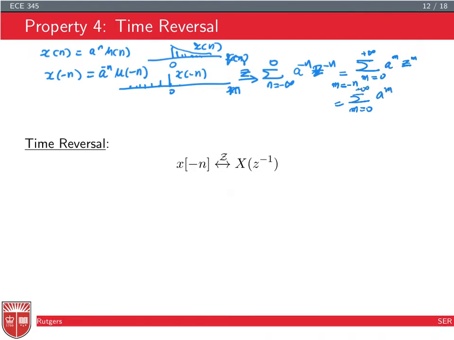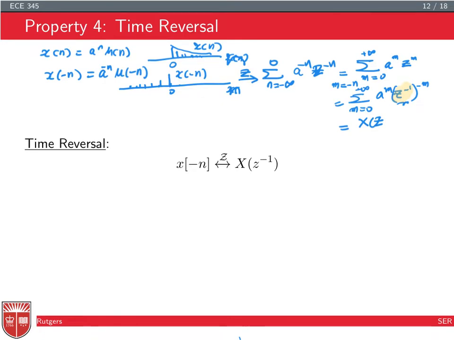So I can write this as the sum from m equals 0 to infinity of a^m times (z^(-1))^(-m). And as you can see, this is exactly X(z), but instead of z, I have z^(-1).